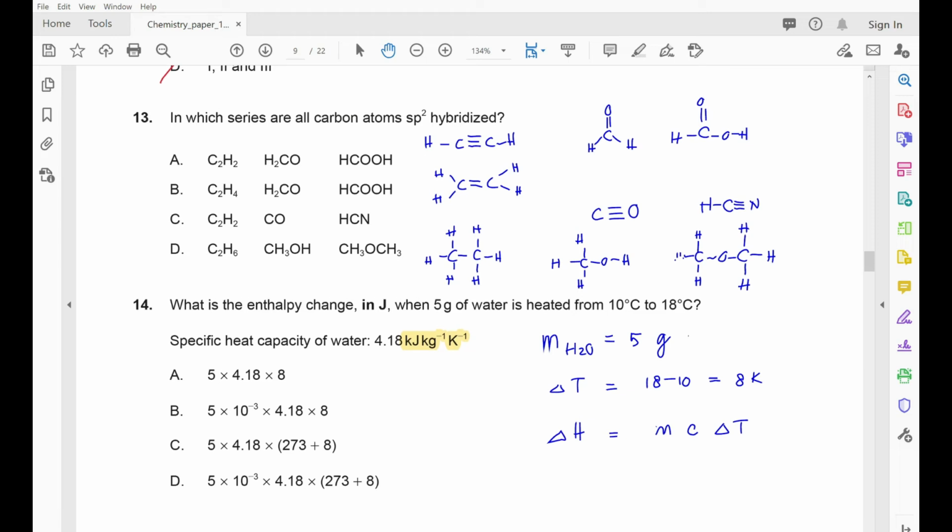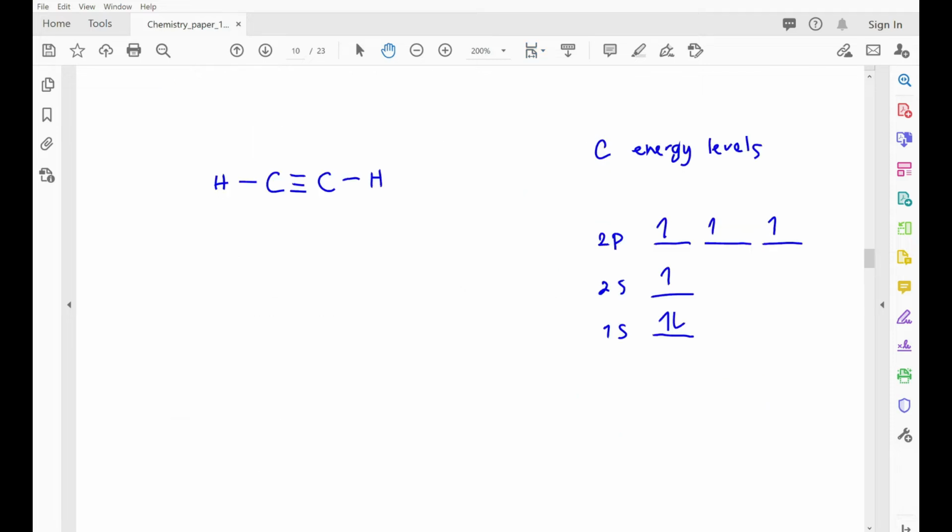sp2 hybridized happens when carbon has one double bond. I've drawn all the different structures here. Let's assign the hybridization. Let's take a look at ethyne for an example. The electrons in the first energy shell of carbon will not be involved in bonding because they're not the valence electrons.